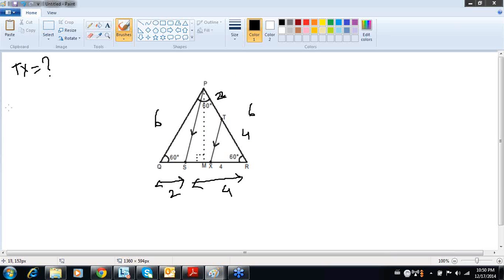Okay. So let us first find out. Let us drop a perpendicular from P to QR.